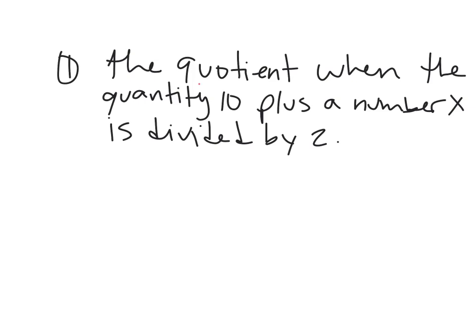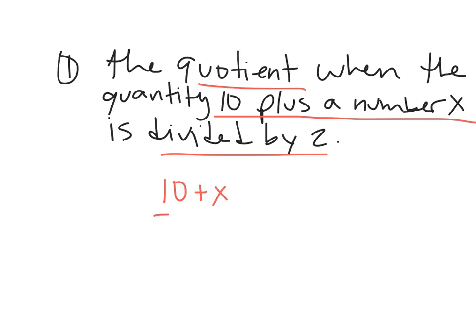Okay, well, first of all, what's quotient mean? It's one of the ways we do our math. Oh, division. Division, very good. So the quotient when 10 plus a number x, I'm going to say 10 plus x is divided by what?